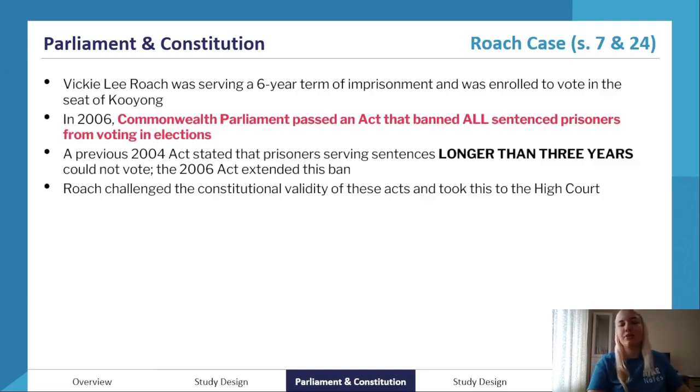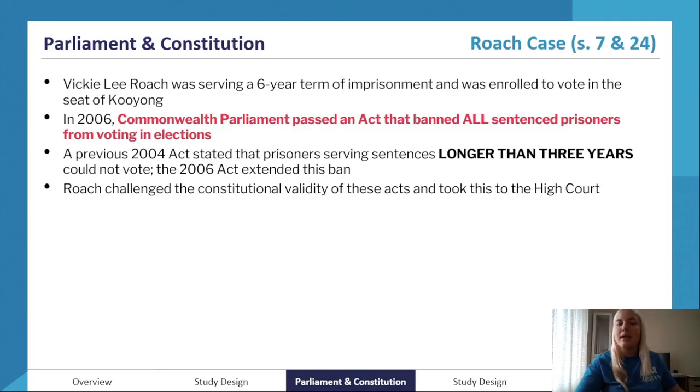Now, our first case is the Roche case, and it's with regards to Section 7 and 24 of the Constitution, which we just looked at. In this case, Vicky Lee Roche was a prisoner serving a 6-year term of imprisonment.